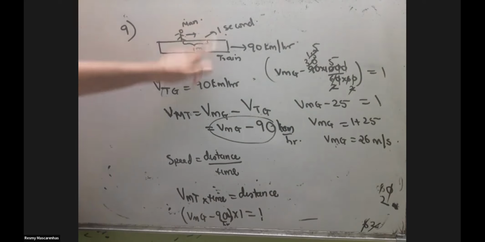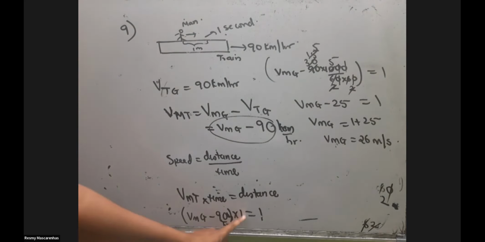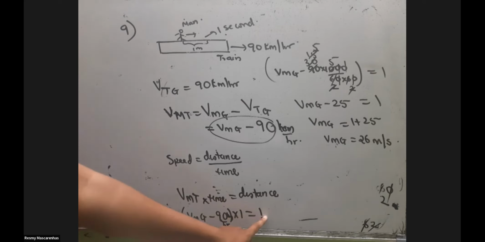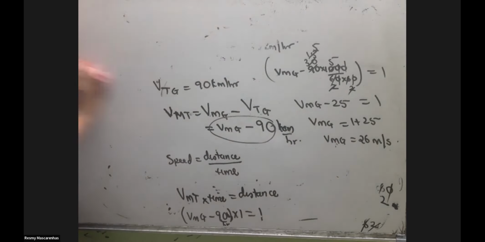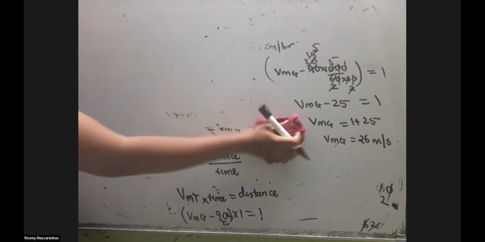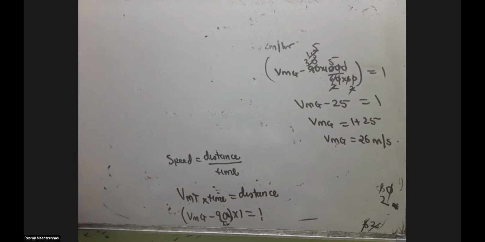If everything was in terms of kilometers per hour, then you would get 91 as the answer. So this should have been 1 hour then, and this should have been 1 kilometer. Only because one is in kilometer per hour and the other is in meter and second, one standard we have to do. Then find out. This is nothing but speed of the man with respect to train.